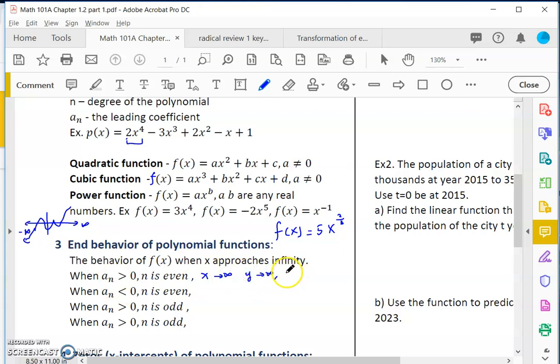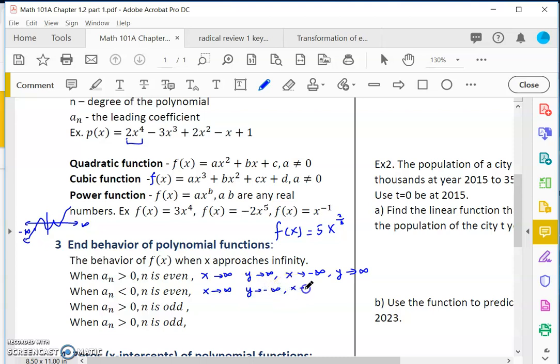And on the negative side, when x approaches negative infinity, y also approaches infinity, because an even power of a negative number is going to be positive. Whereas if an is negative, then when x approaches infinity, y would approach negative infinity.